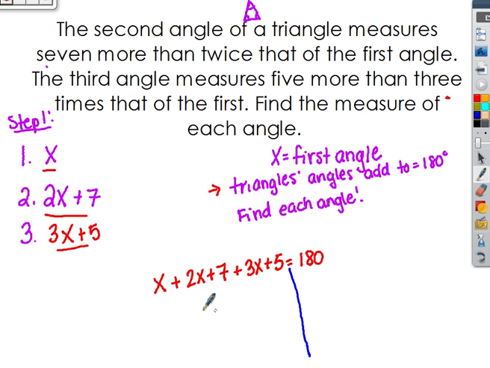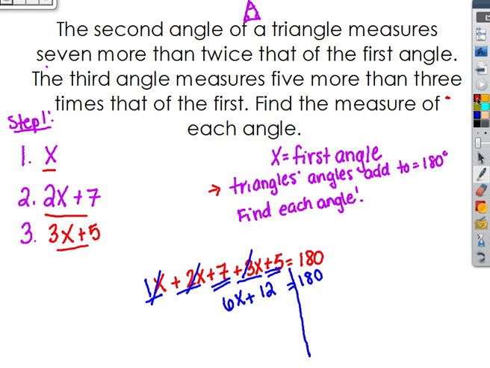So the first step, can I distribute? No, I cannot. I don't have any parentheses. Can I combine like terms? Yes, I can. This is a 1x plus 2x plus 3x, which is a 6x. Then I can combine 7 and 5, which is 12. Make sure all my variables are on the same side, and they are.